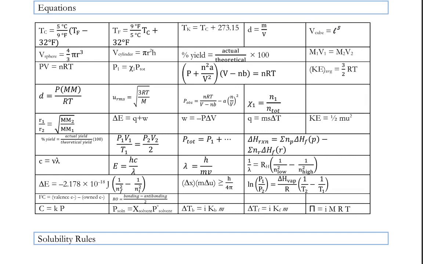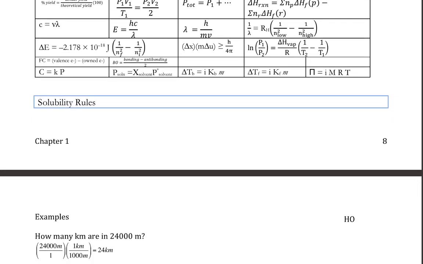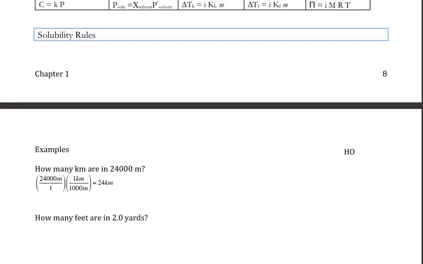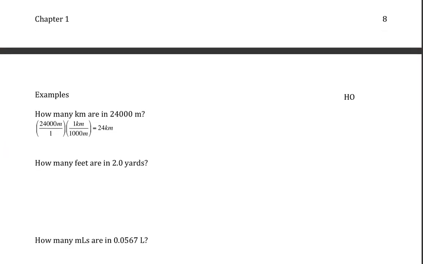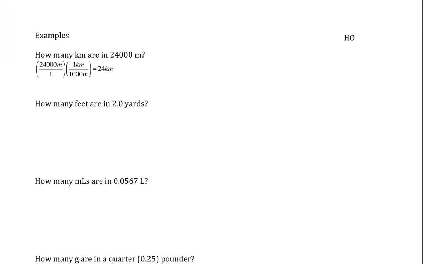Those are just equations, so you will look in here to find equations as needed for various calculations. The last part of it that isn't shown here is the solubility rules that we will get to in a future chapter. And those are, of course, in the exam equation sheet that is in your Canvas.